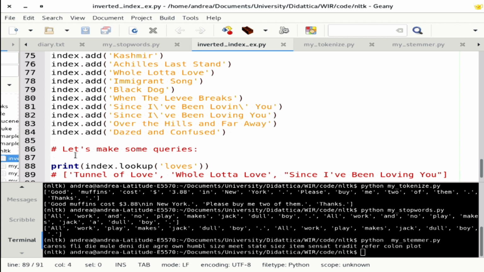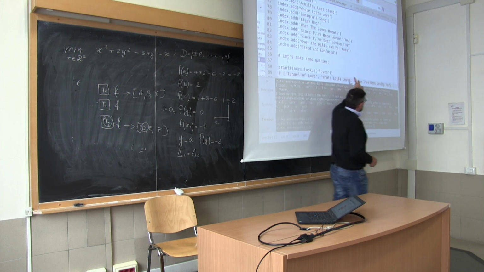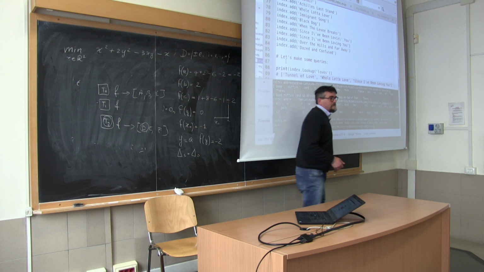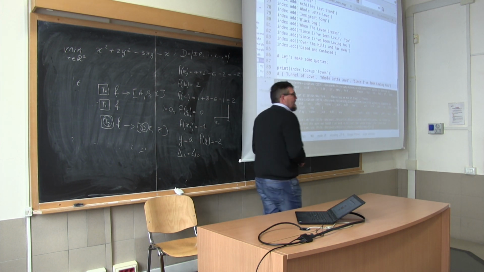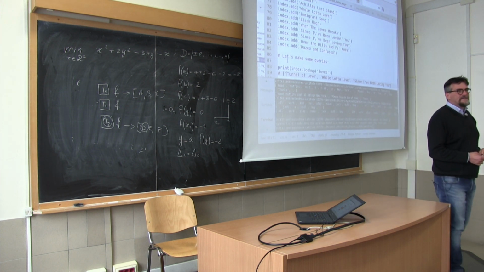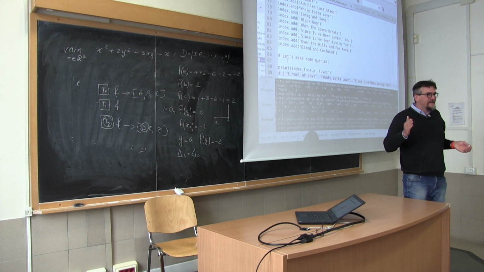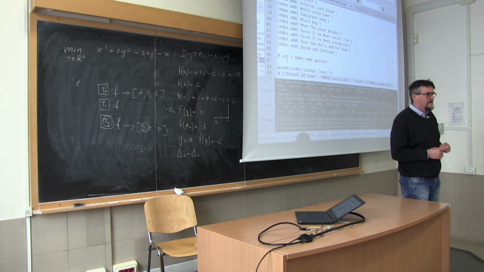You see, love allows you to get documents containing loving. Lobs, excuse me, allows you to get documents containing loving or love, both of them. Okay? What I think is nice is that even if this is a very simple example, it actually shows you all the main ingredients we saw up to now, and you can play with it easily.